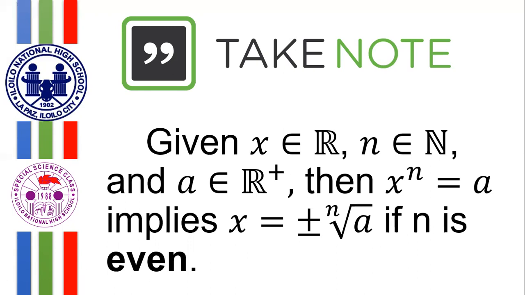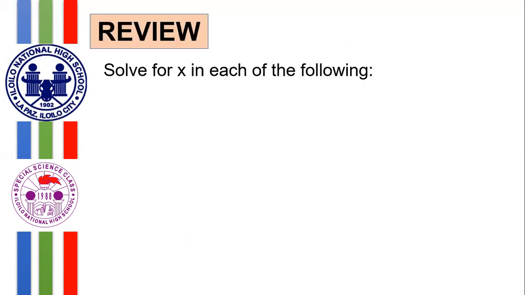I will explain later on how come there should be a plus minus. I think you are familiar with this. We just have to review, or let's say refresh, some of it. So for example, if you have x squared equals 4, similarly, it will become x is equal to the square root of 4.